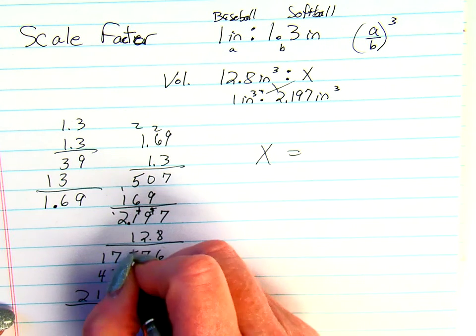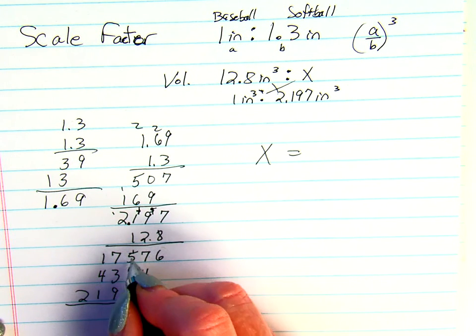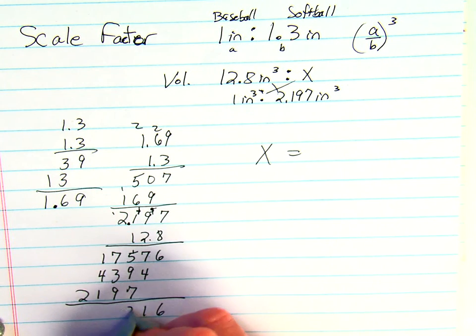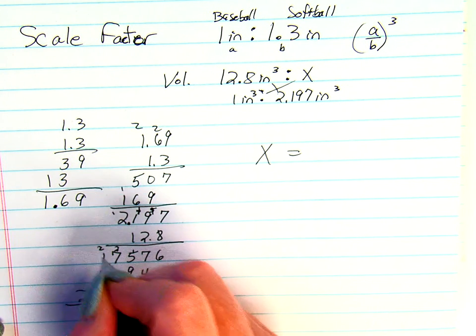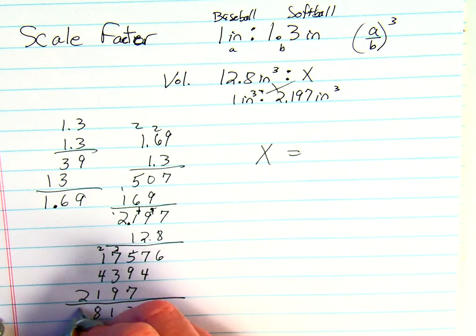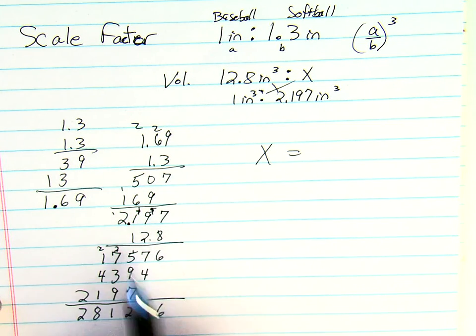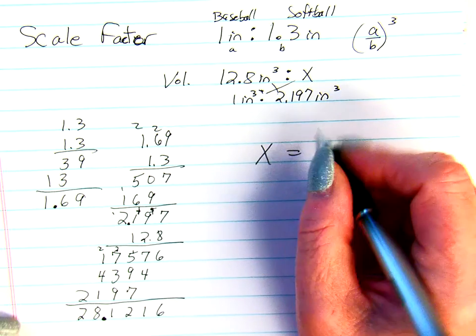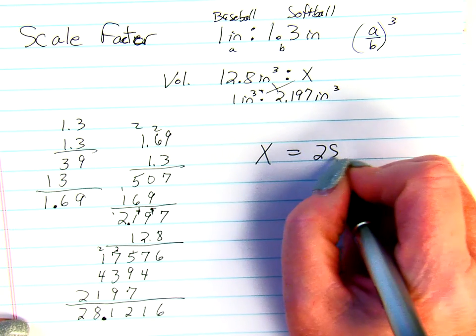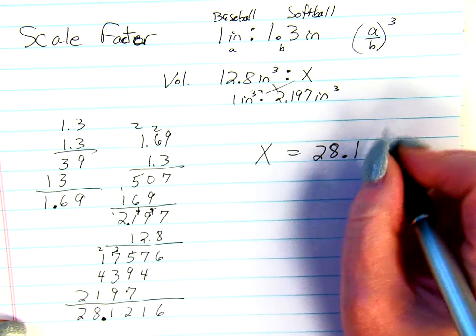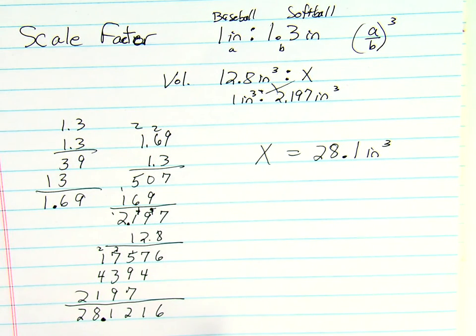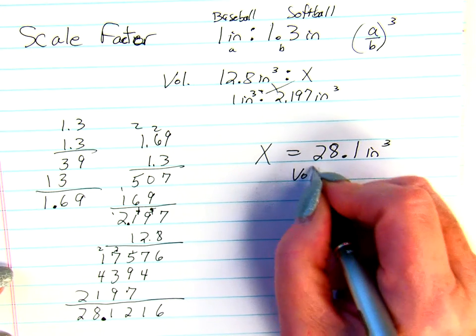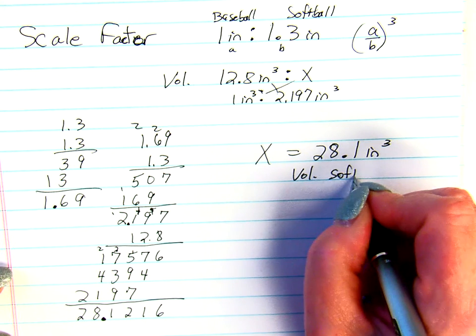It's a lot of multiplying. And I've got 4 decimal places, so x is going to be 28, and we'll go to the tenth, 28.1 inches cubed. So that is what the volume of the softball will be.